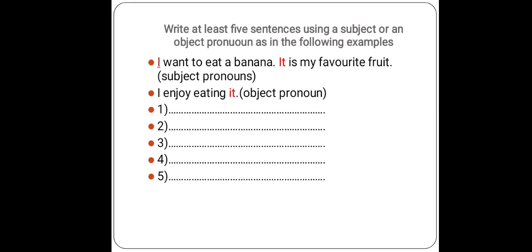The next one, we focus on object pronoun. I enjoy eating it. So it's the banana. And of course you have I also, which is subject pronoun. So you try to underline the subject pronoun or the object pronoun, and you say if it's object or subject pronoun after you write the sentences, as in the following example.